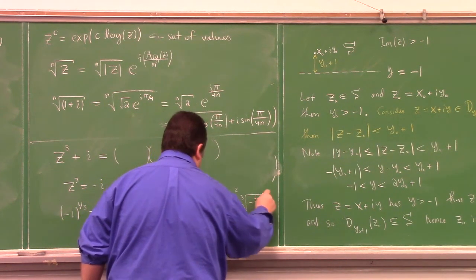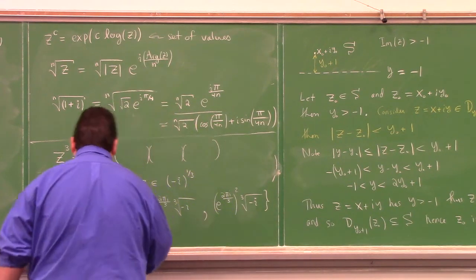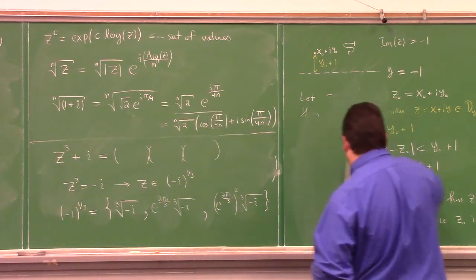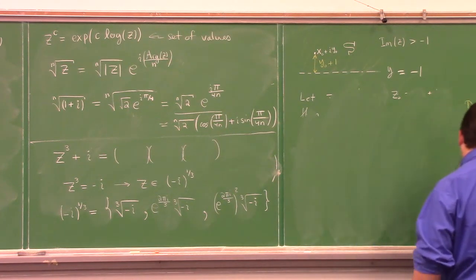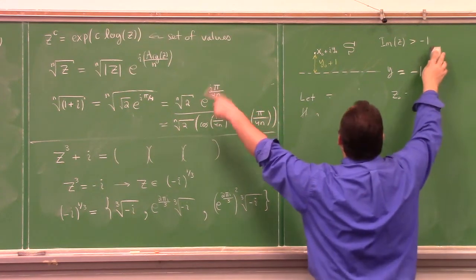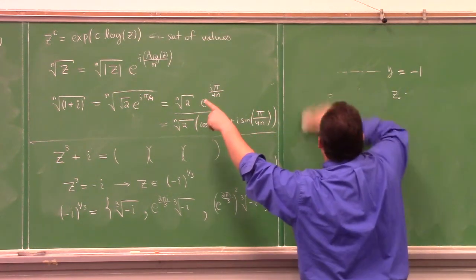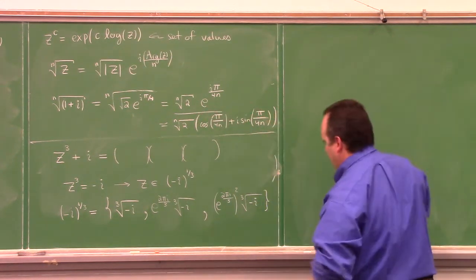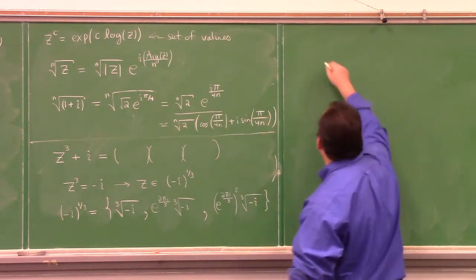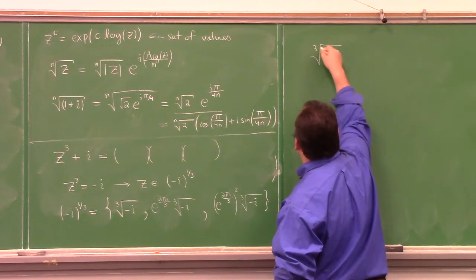So it would be good for you to settle in your mind how we calculate the principal nth roots. This is the formula for a specific one, the principal nth root, but there are n of those. You just add on 2 pi L over n, where L goes from 0 to n minus 1.